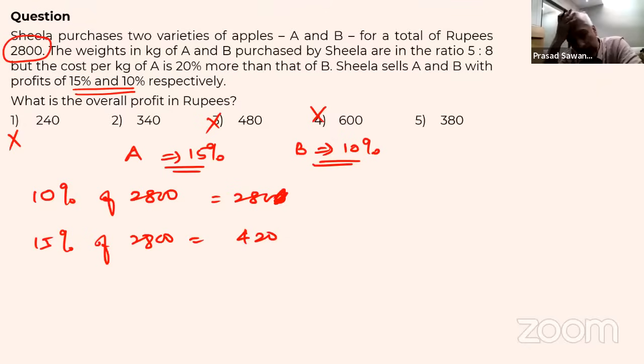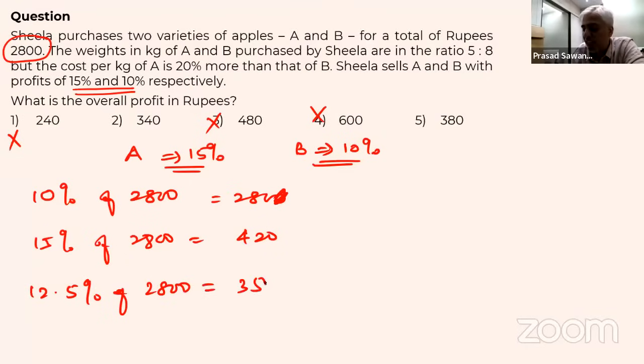Now, I just need to know which quantity is more. What if they both were equal? With quantity and cost, if they both were equal, then it would have been exactly 12.5%. How much would 12.5% of 2,800 be? It would be 350, exactly in the middle of these two.